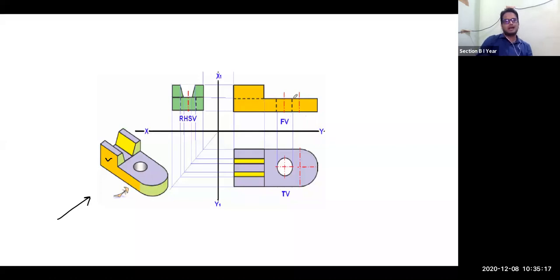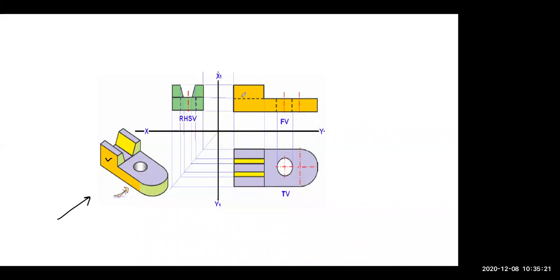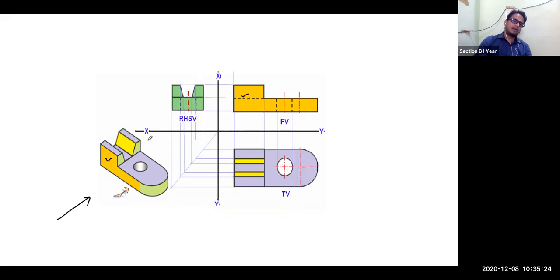So you can see that it is shown all in brown color, and this hidden line is showing this line, which is there but not visible when you look from the front side. So it is shown using a hidden line.